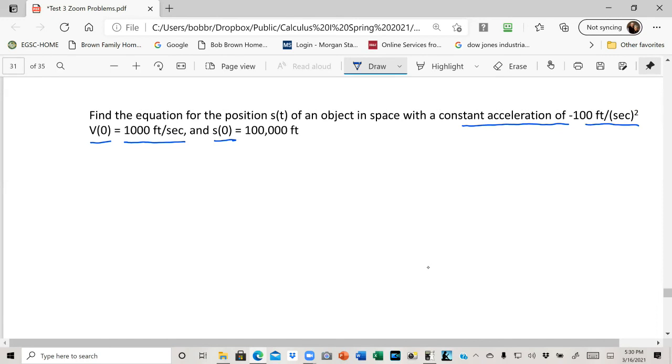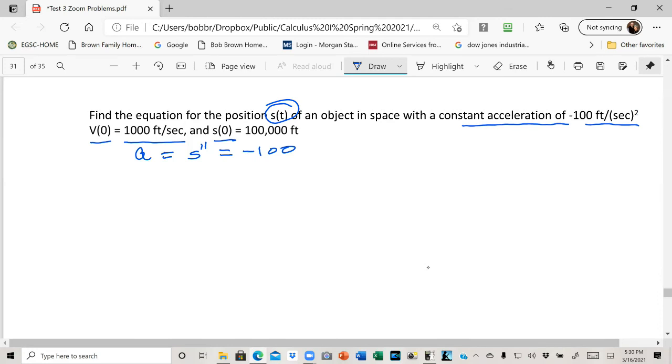Now we're given the acceleration, and we want to find the equation for S of t, which is the position of this body in space. We know that acceleration is equal to the second derivative of the position, and that is given as minus 100.